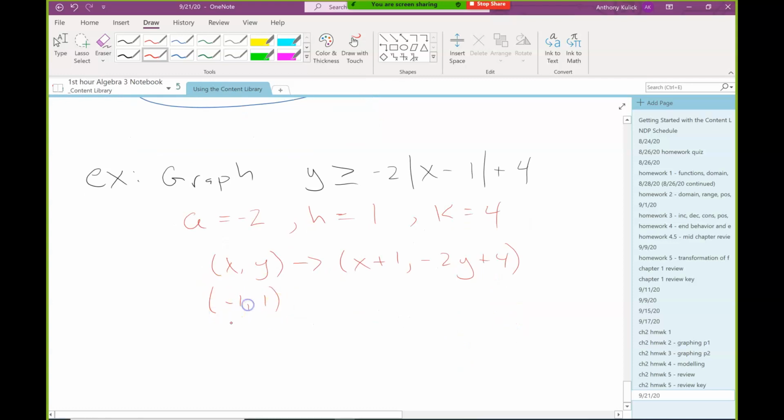We'll write down our 3 key points. These points are the same for all absolute value functions. And then we'll plug those into our transformation map to get our new key points. Everybody so far so good?